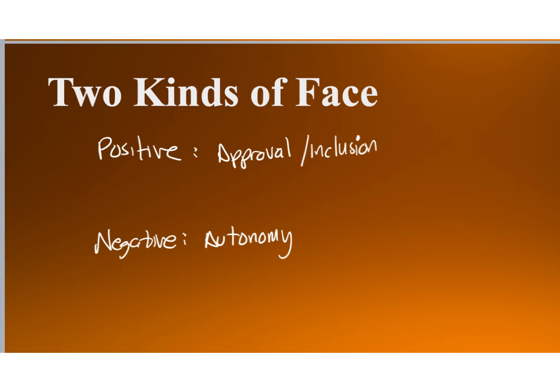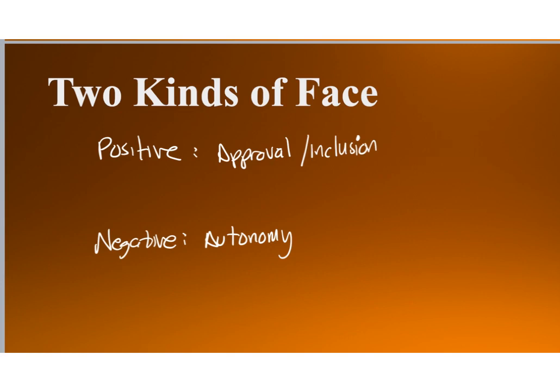If you need a friend to help you move on Saturday from 9 a.m. to 3 p.m., that infringes upon their autonomy, right? Negative face has to do with our desire to not feel like we're being treated like a baby or imposed upon.